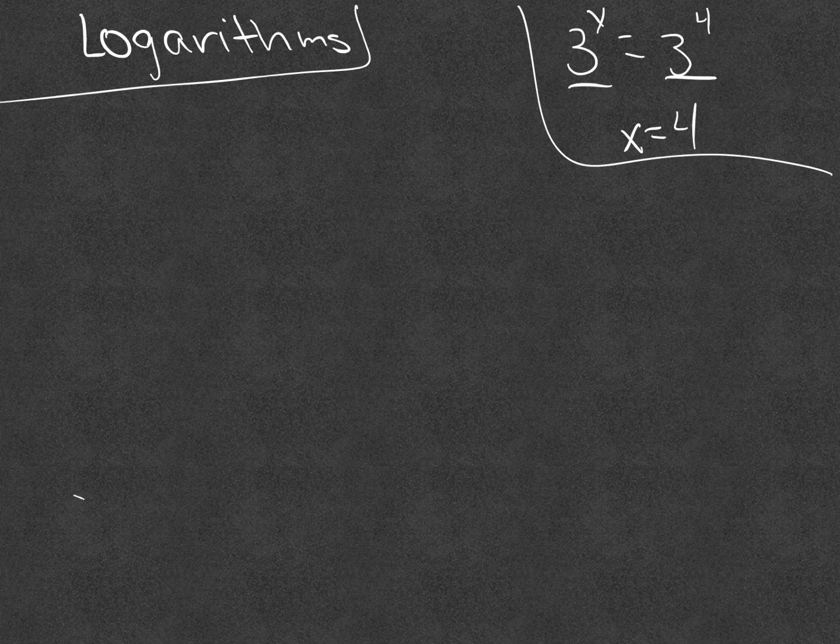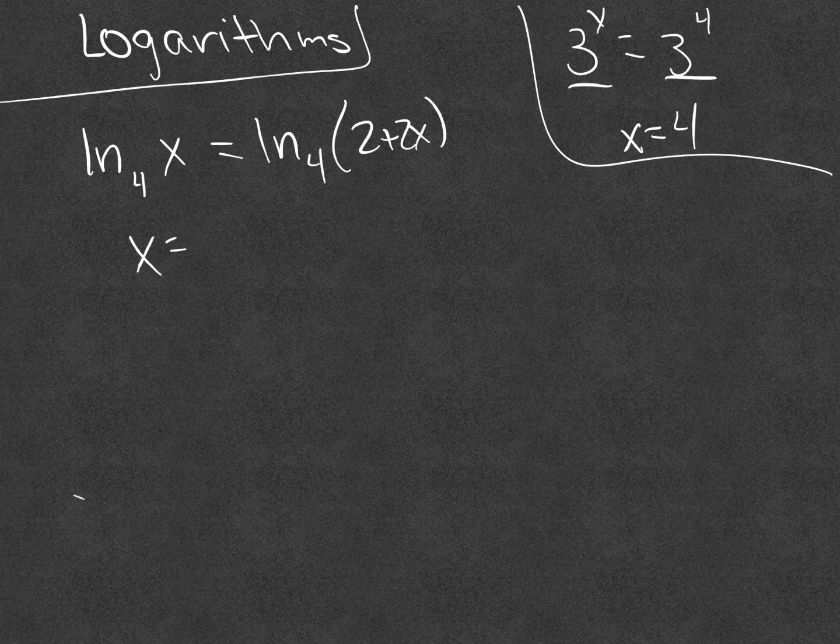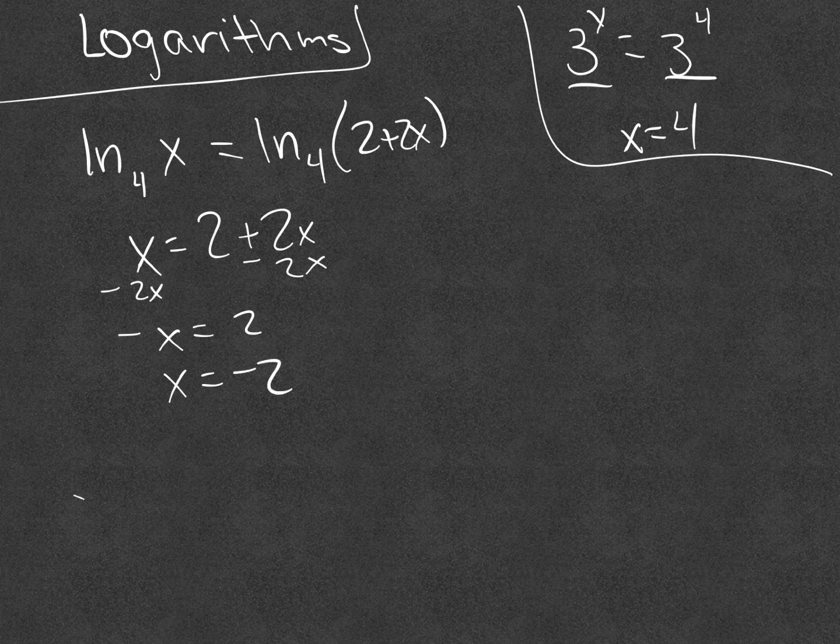So, for example, if I have the natural log of x equals the natural log of 2 plus 2x, why not? It's going to go ahead and equal x is equal to 2 plus 2x, and you'd solve, and x equals -2.